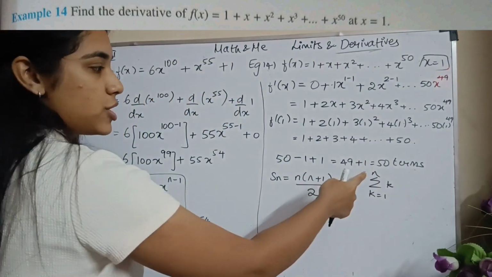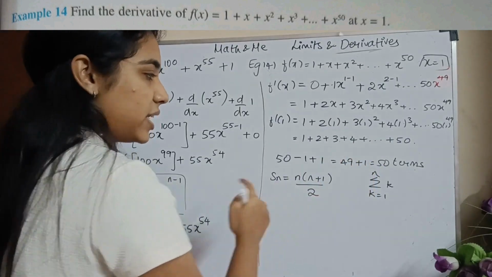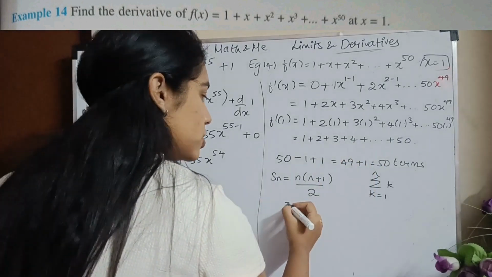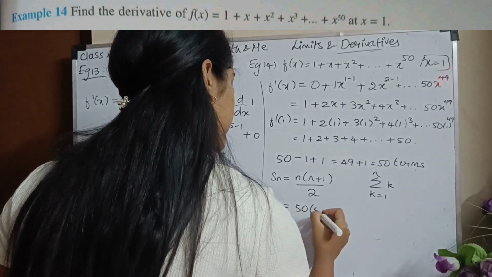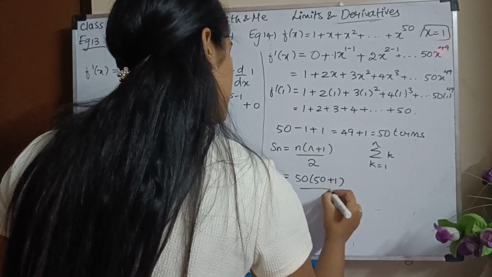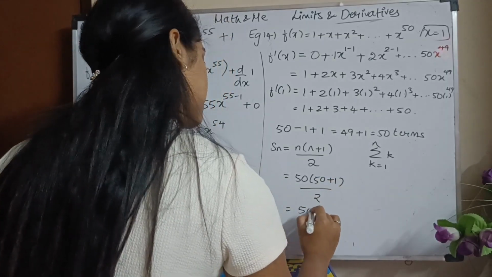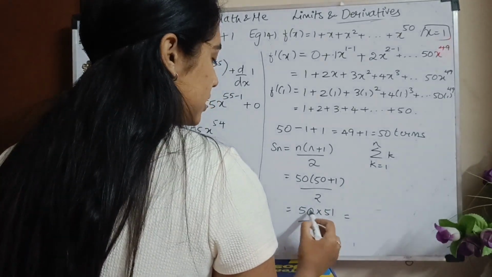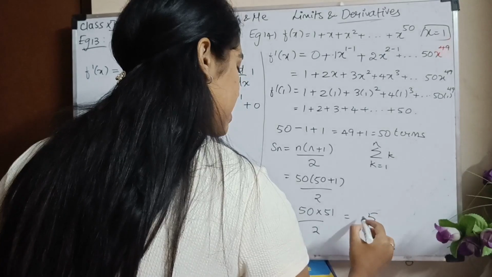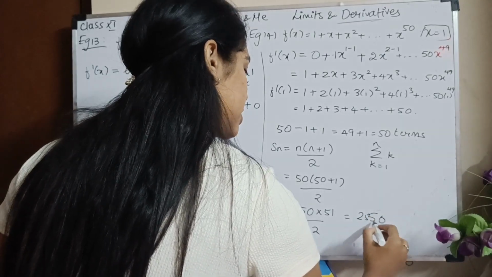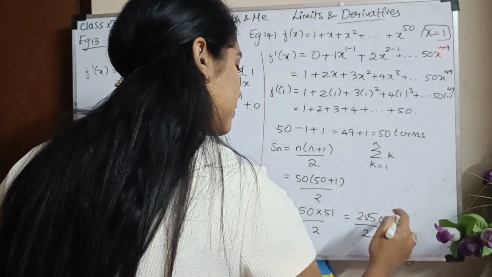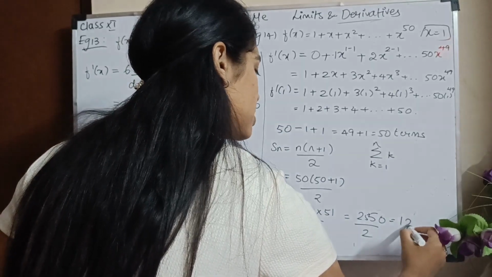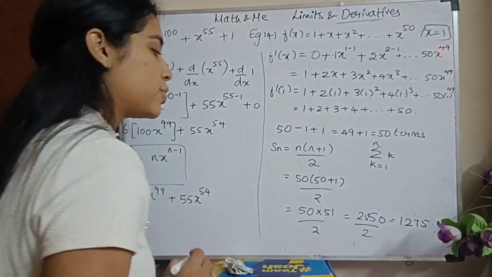What is your n here? 50. So this is nothing but n into n plus 1 divided by 2. When I substitute the values, what will I have? 50 into 50 plus 1 divided by 2. So this is nothing but 50 into 51 divided by 2. So now, 5 ones are 5, 5 5s are 25, 0. 2550 divided by 2 and 1 times 275. So 1275 is my answer.